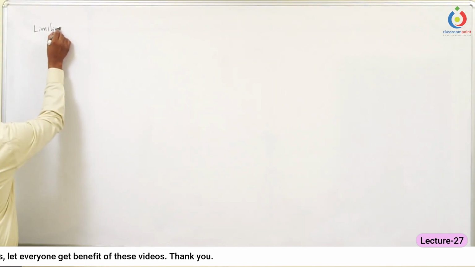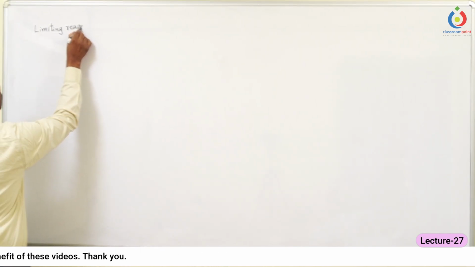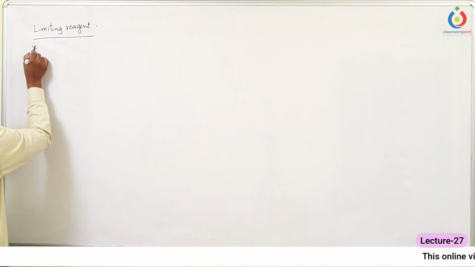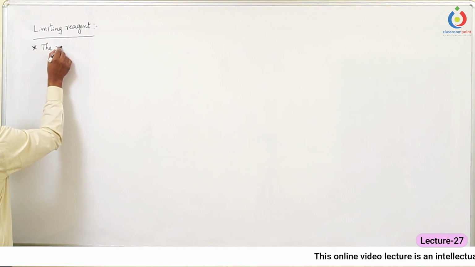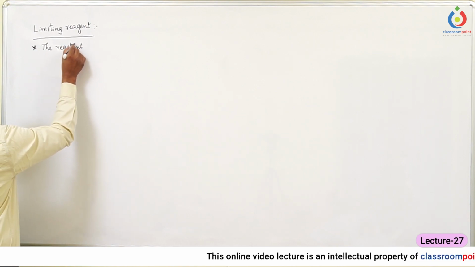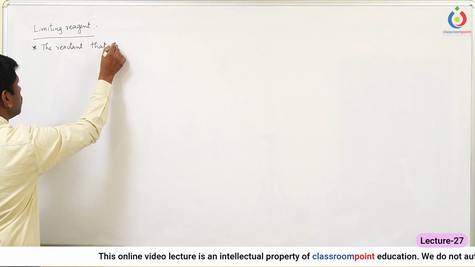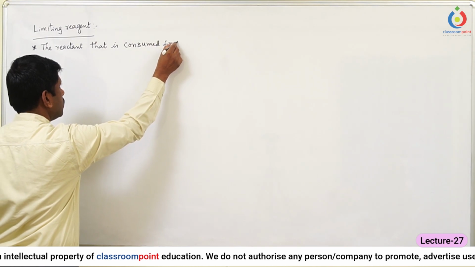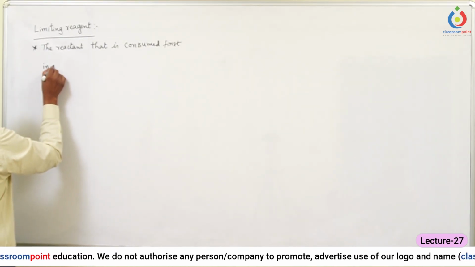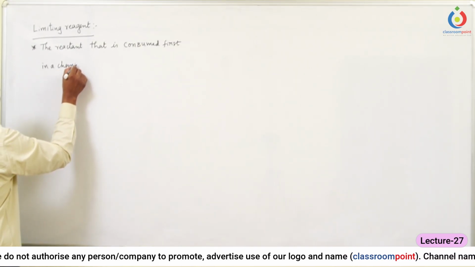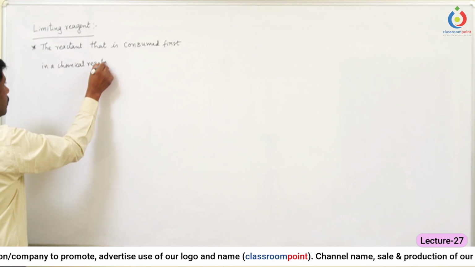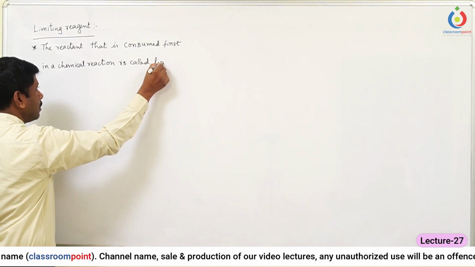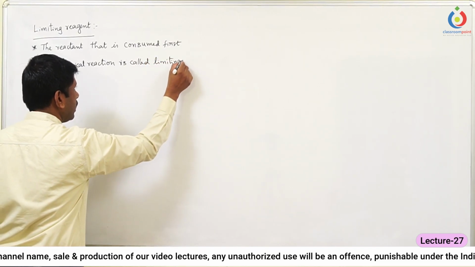Limiting reagent. The definition of limiting reagent is: the reactant that is consumed first in a chemical reaction is called the limiting reagent.